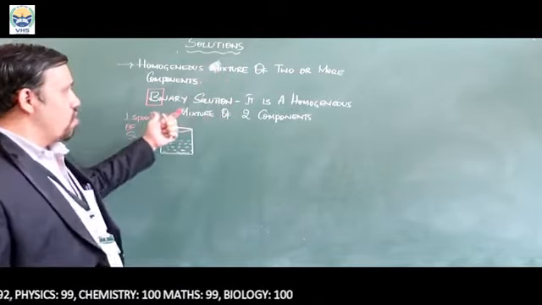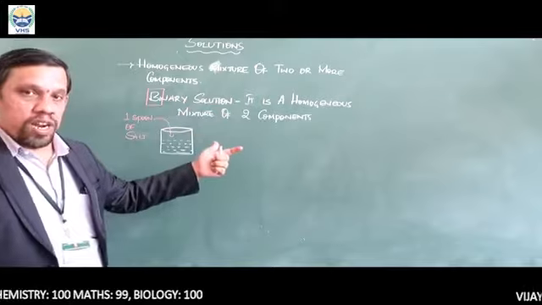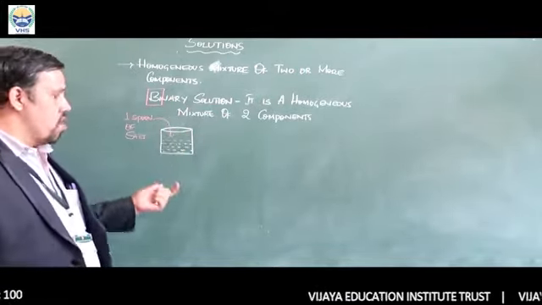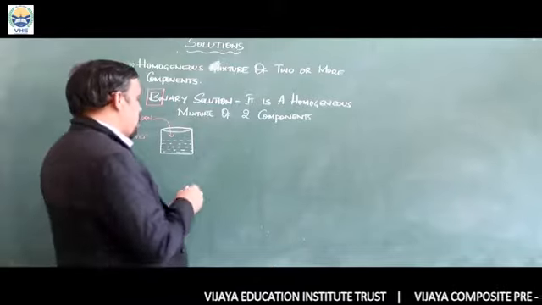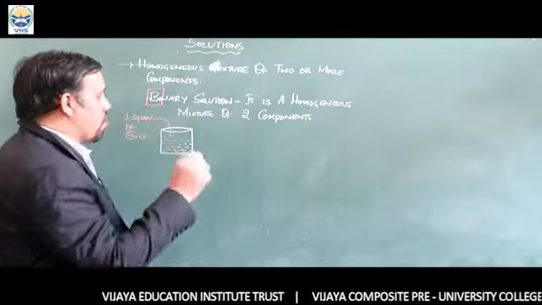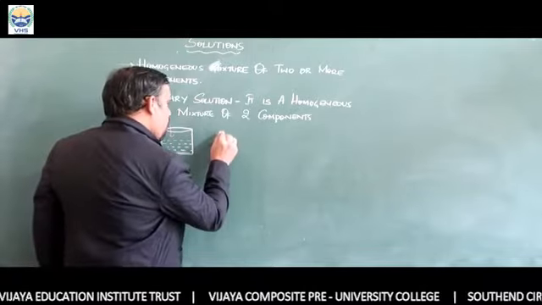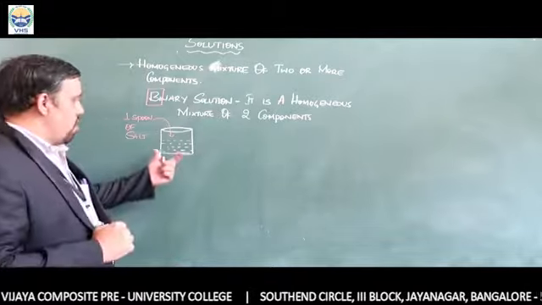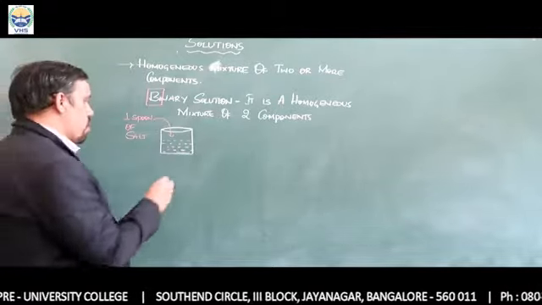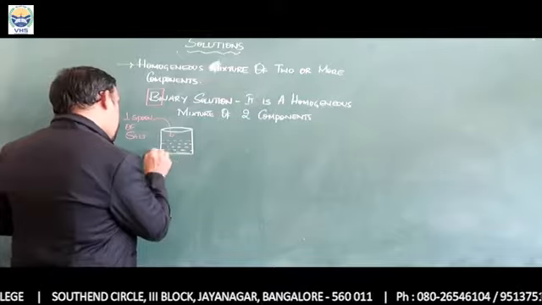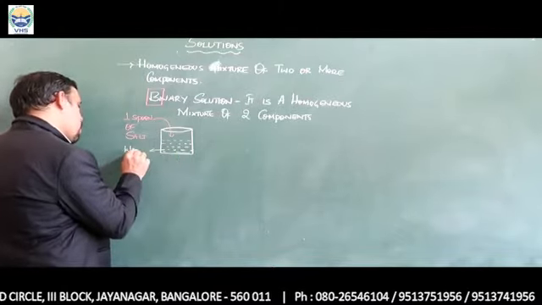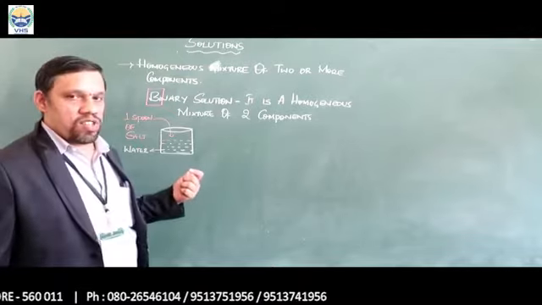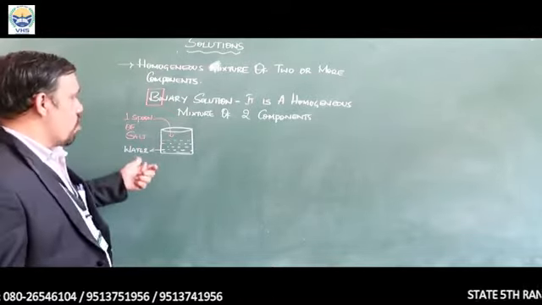Binary solution means a homogeneous mixture of two components, since bi means two. Here we have added one spoon of salt, that is one component. We have taken water, that is another component. So salt and water are the two components.